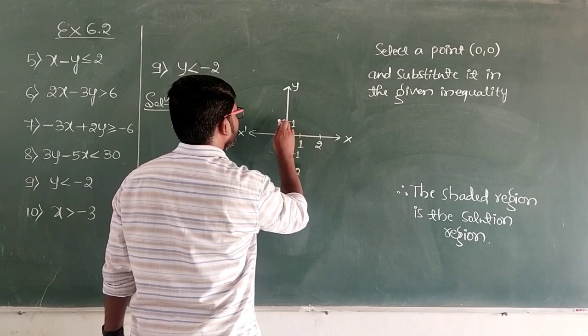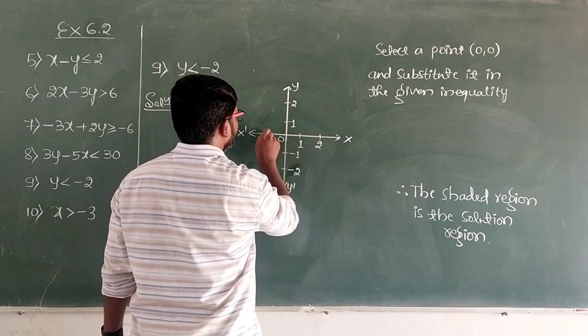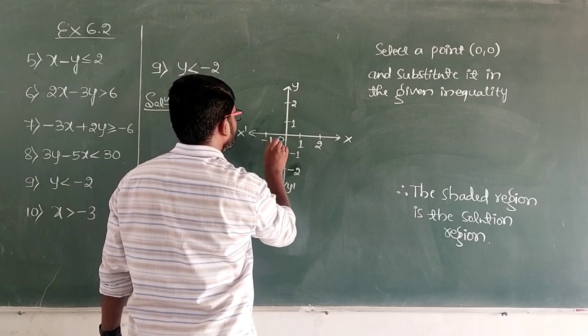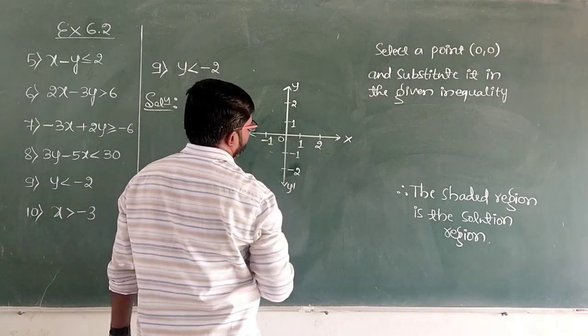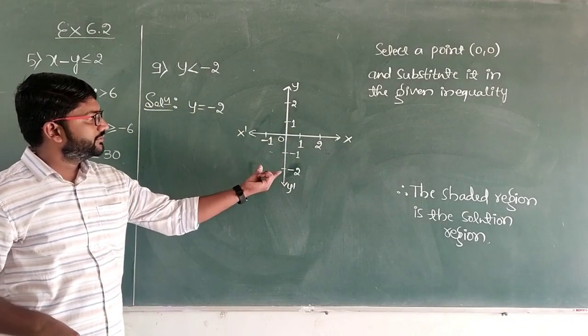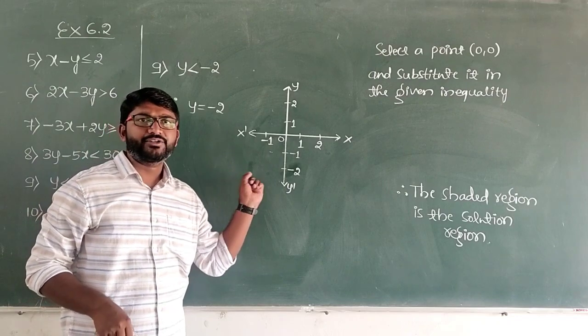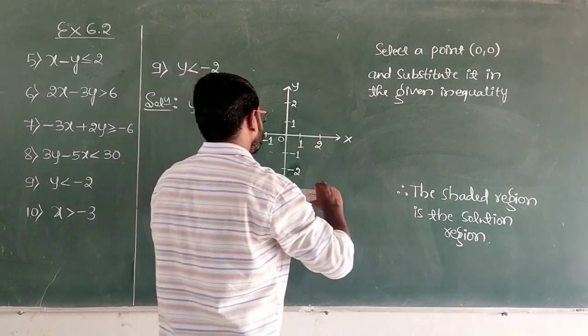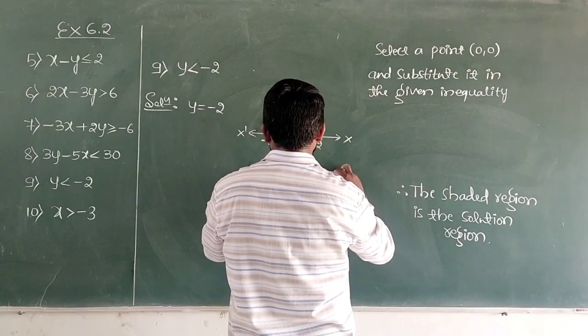Now y equal to minus 2 is this one, and it has to be a horizontal line parallel to the x-axis. This is our y equal to minus 2 line.